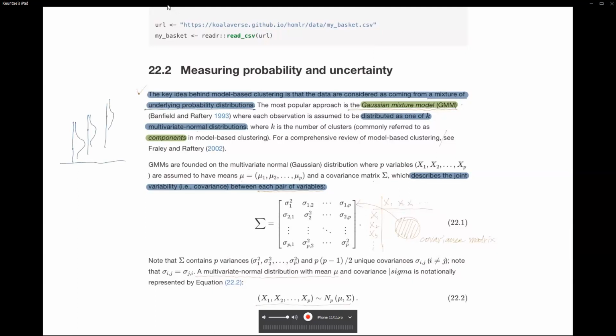Like when we do categorical analysis, we can say these are all different categories, and we have observations like this. Each observation is coming from this kind of underlying distribution.